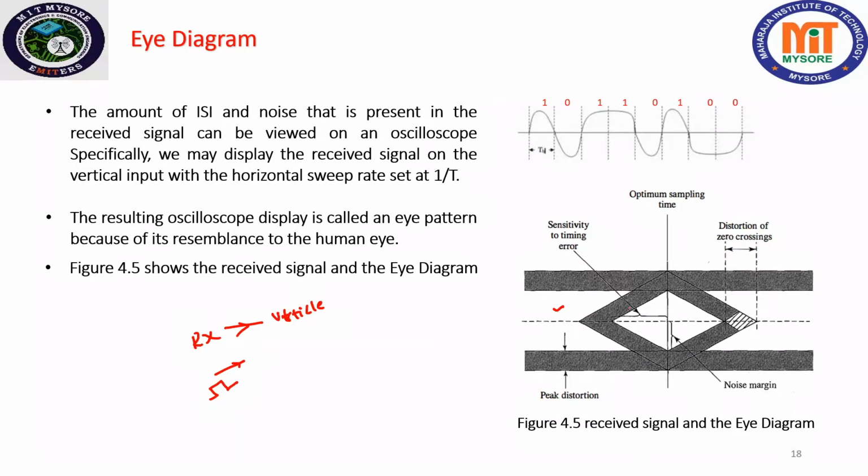So what constitutes this eye diagram is, consider the above example here. This might be the received signal for a transmitter signal which I am drawing now.